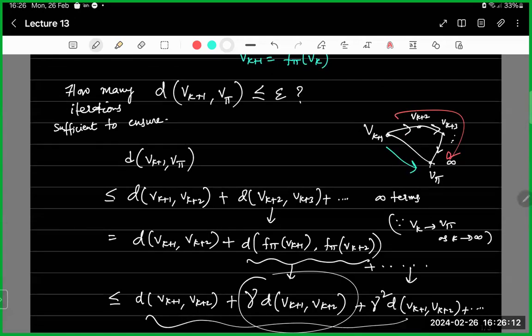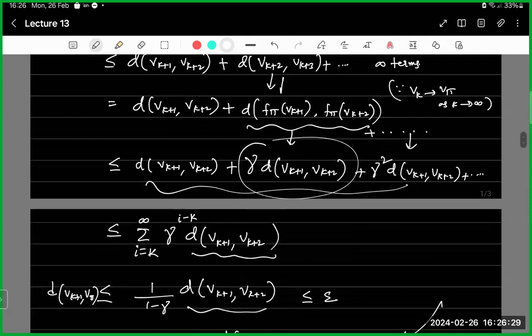The distance between Vk plus 1 and V star can again be written like this using triangle inequality. And if we can show that the distance after applying F is less than or equal to gamma times the distance before applying F, then the rest of the proof will go through.